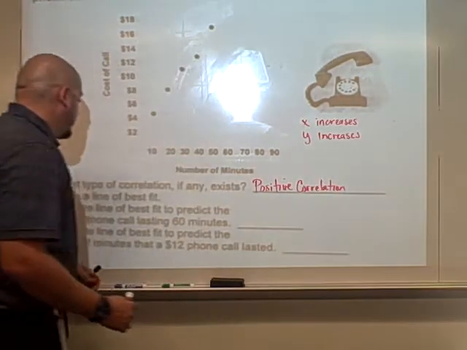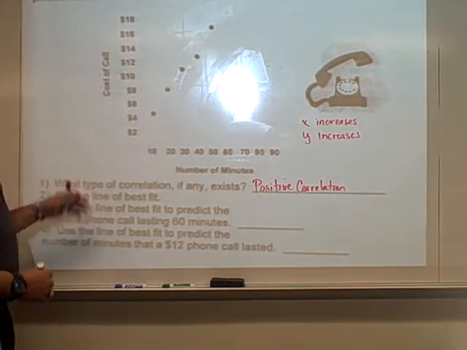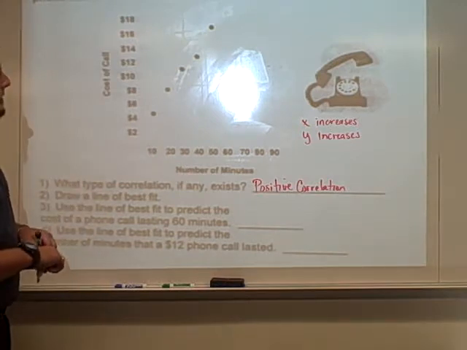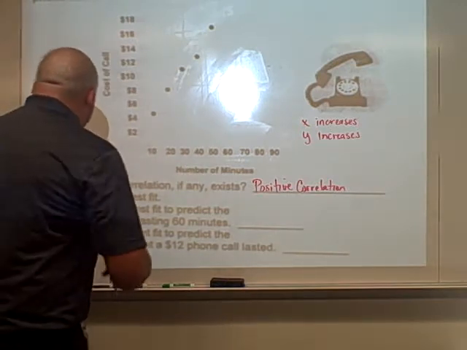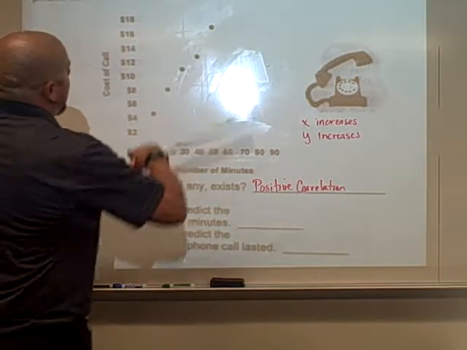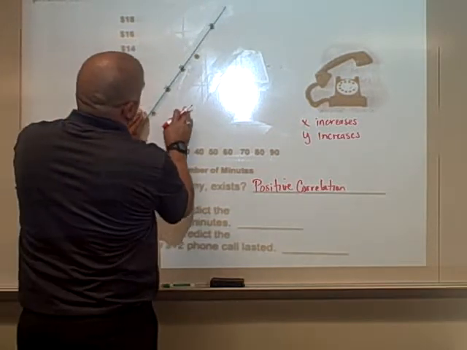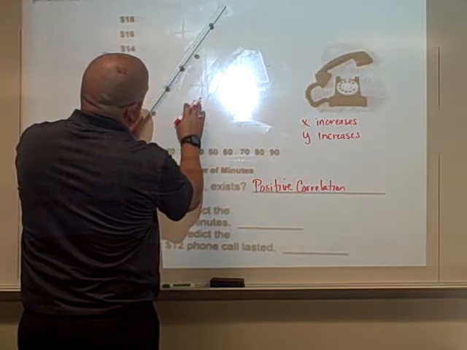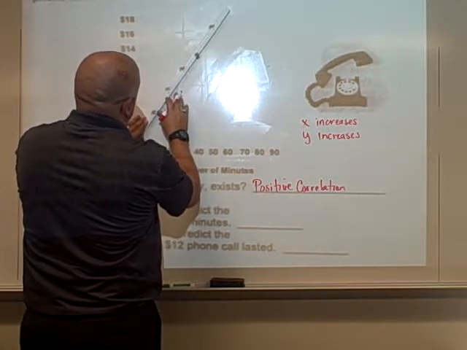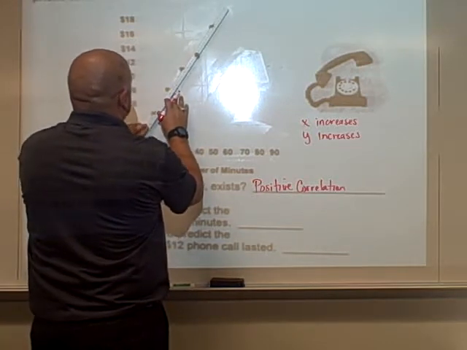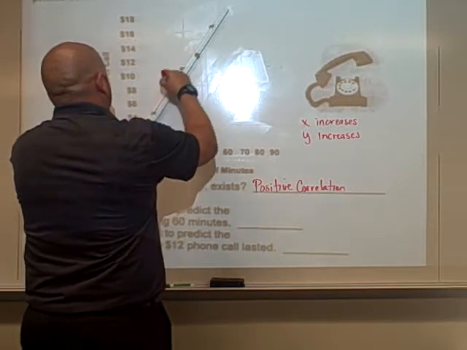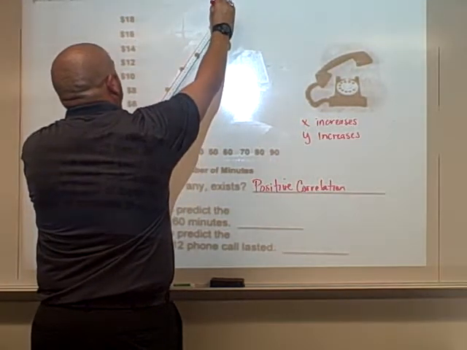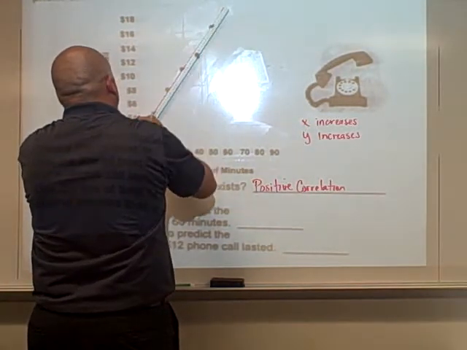Now, number 2 says draw a best fit line, or a line of best fit, sorry. So let's go ahead, get our ruler out, and draw the line of best fit. Again, we want to find a couple dots that are in a row, and then we draw our line through that.